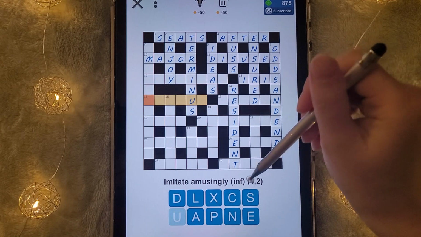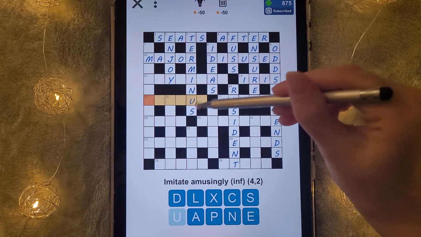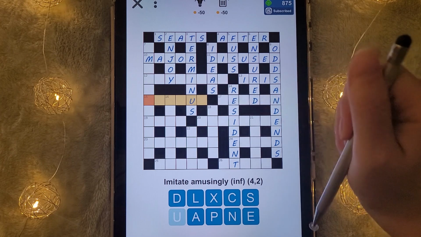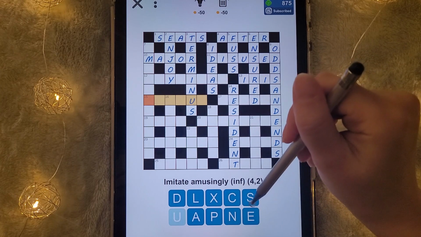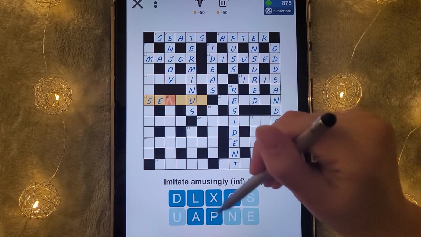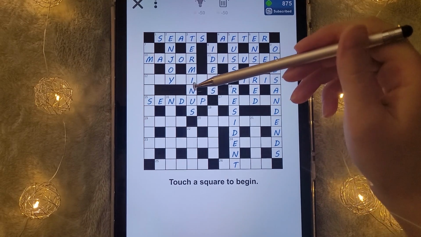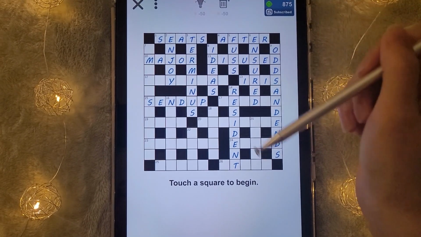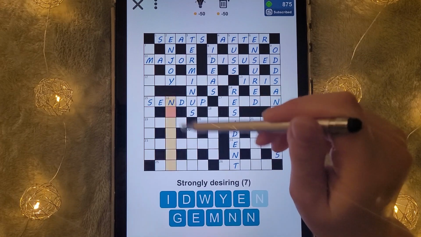This is 2 words. I'm going to assume this last word is up. I have no idea. Is it like send up? Is that something? I don't know. Maybe I'm too young to know that phrase, but let's do 16 down.